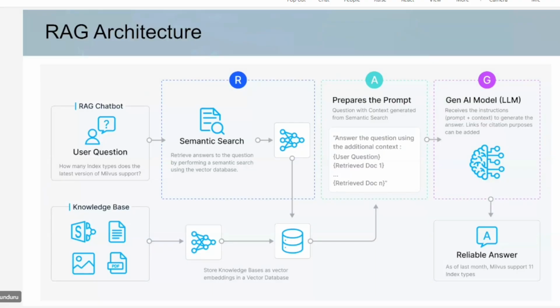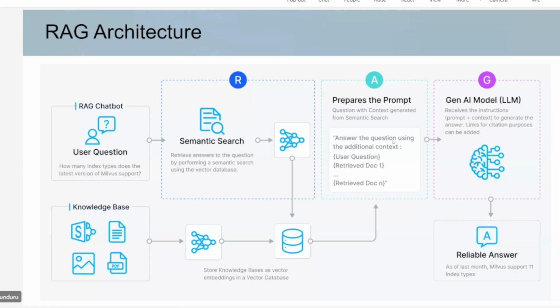So this is the high-level architecture of RAG. There is a RAG chatbot, and there are a few components, which we'll be discussing later. The RAG chatbot will be doing a semantic search in our own data store, and then prepares the prompt with the context information which is retrieved from the database, attaching that to the prompt along with our question.